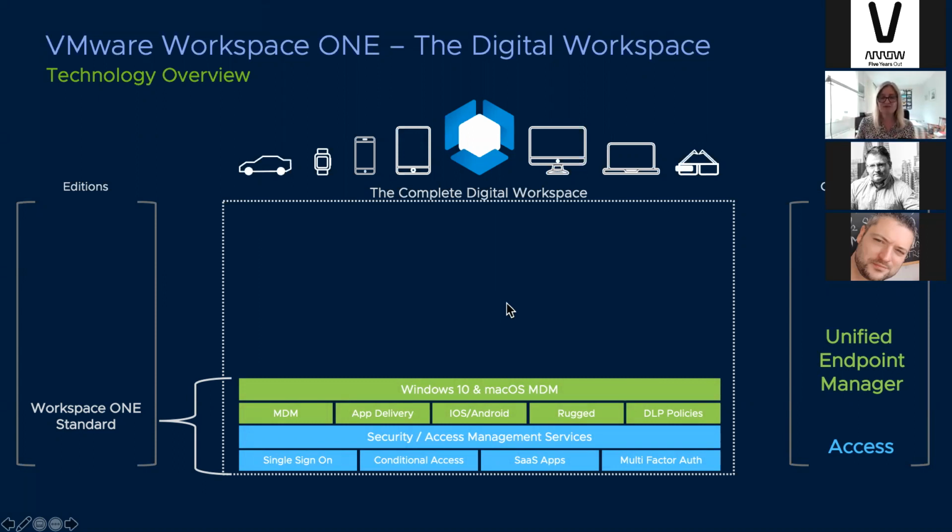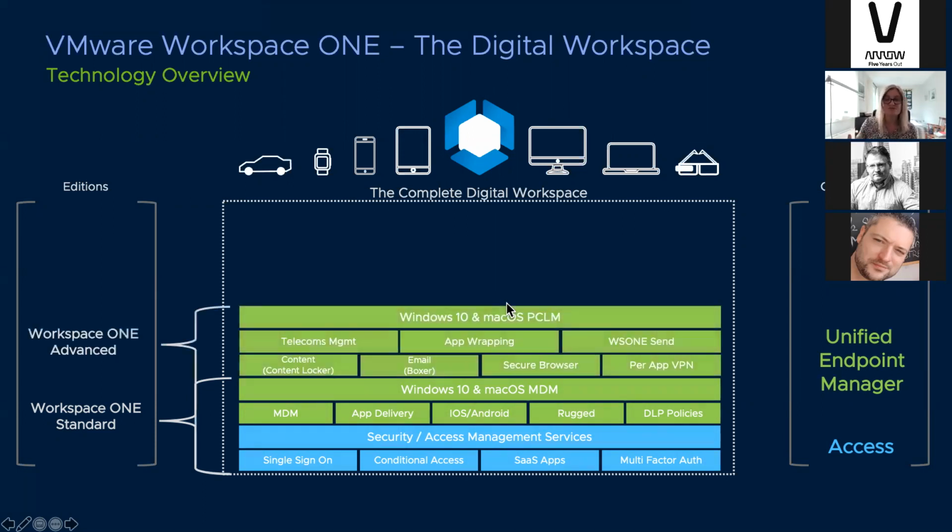So for Workspace ONE Standard, this is what you would have in that package. You will have secure access management services from our Workspace ONE Access. You'll have Unified Endpoint Management and Windows 10 and macOS MDM management in here.